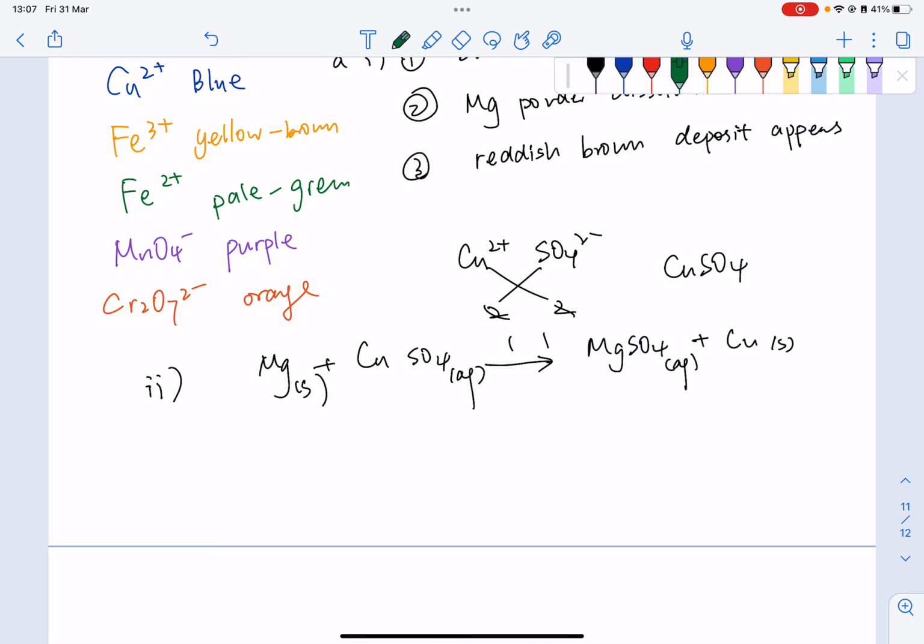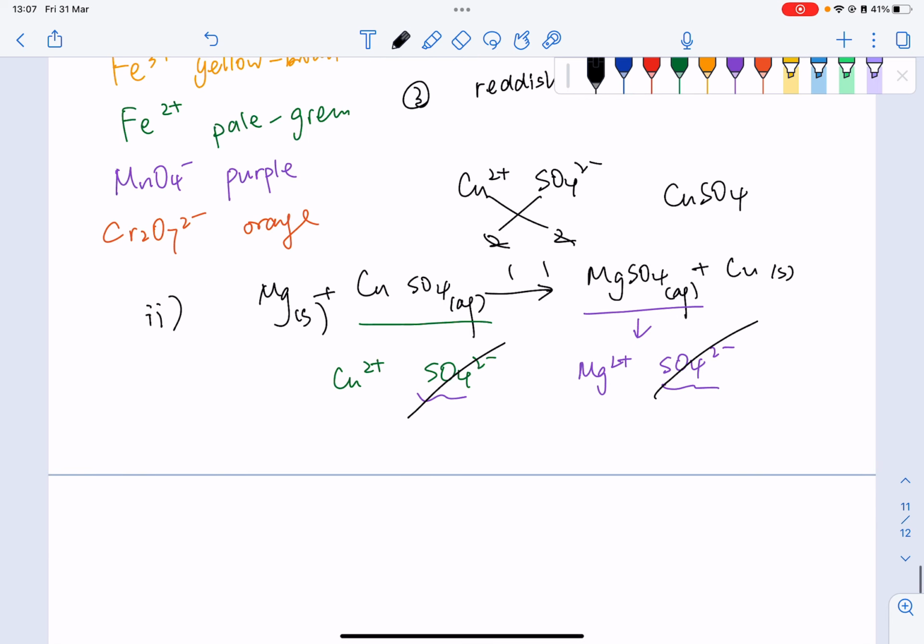Remember, if we have to write ionic equations, we only disassemble the aqueous state. So this one should be copper 2 plus and SO4 2 minus. And for this one, it will be magnesium 2 plus and also sulfate ions. If we take the sulfate ions here, these two are exactly the same, so we can ignore them. Then we're able to write our ionic equation.